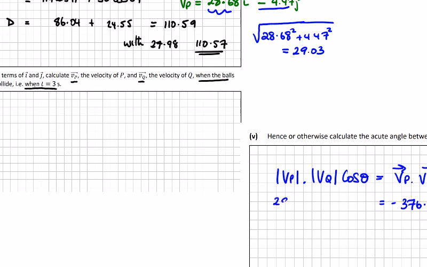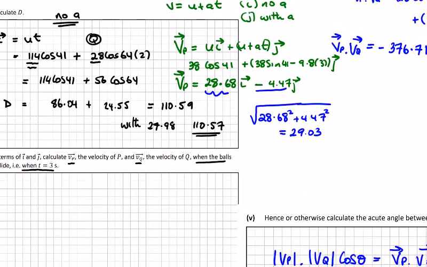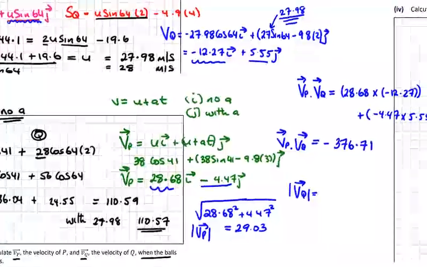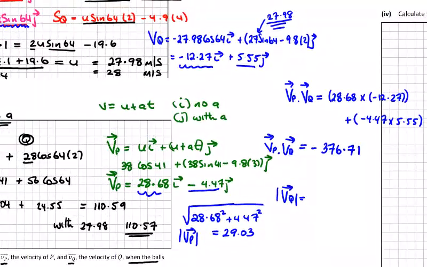So that's 29.03 times the magnitude of q by the cos of theta.